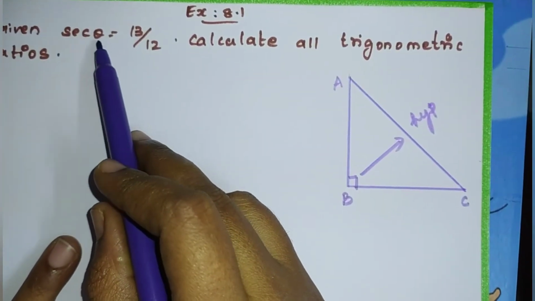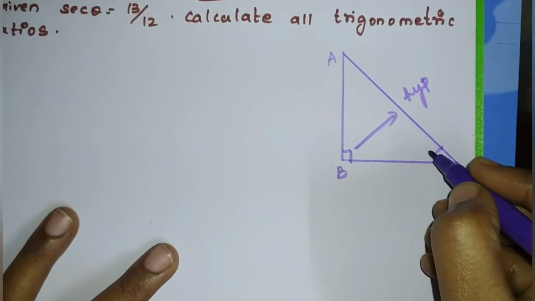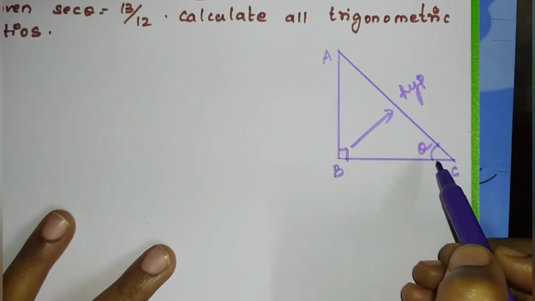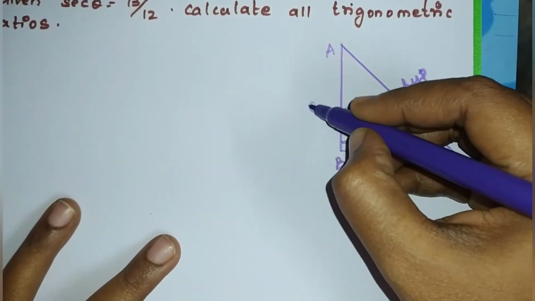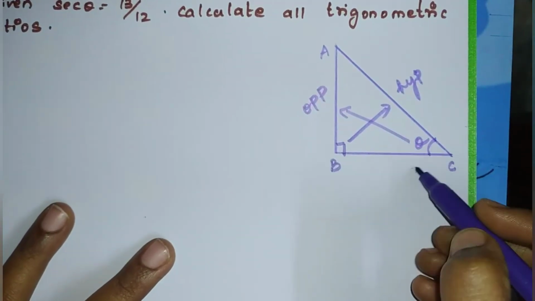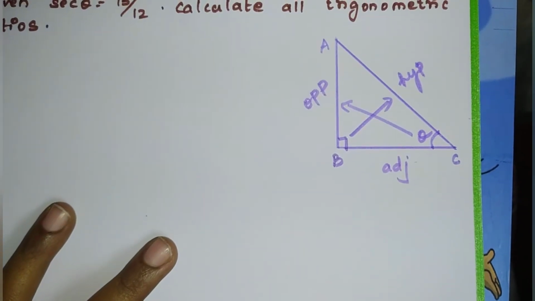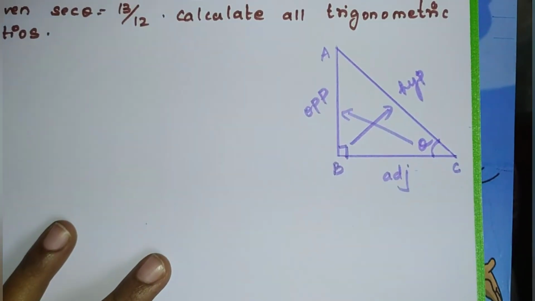Here they have given theta, so I am going to represent theta here. This is opposite, that is AB is the opposite side, and BC is the adjacent side for the angle theta. So this is the hypotenuse, this is opposite, and this is adjacent.